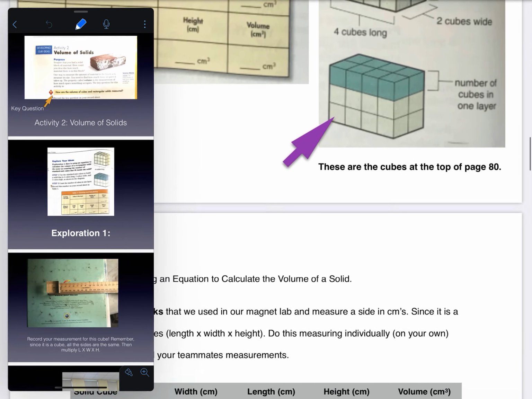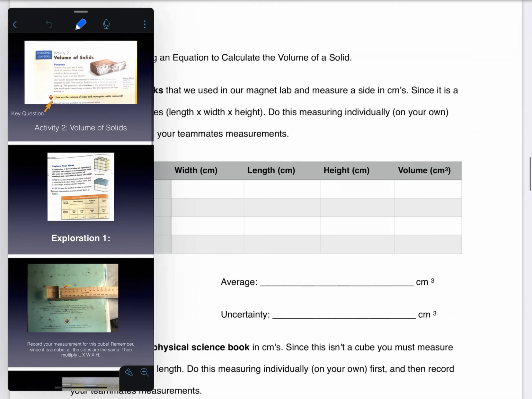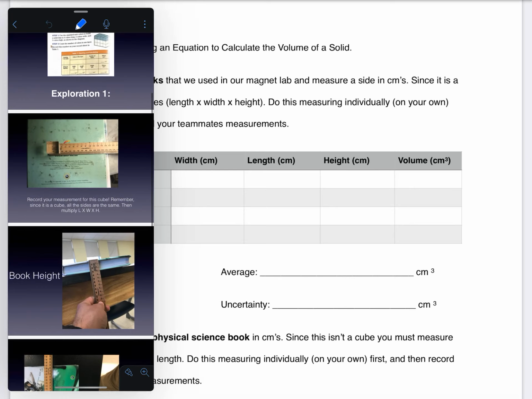All right, next you are going to use my keynote to measure the cube. Please remember that the definition of a cube is that length, width, and height, all sides are equal. So once you know one side, you have the other two sides.